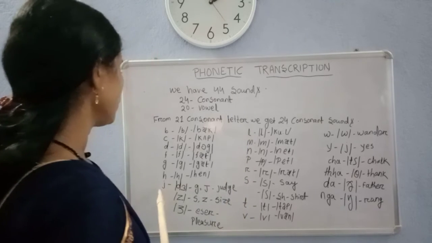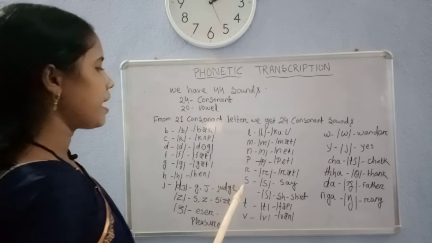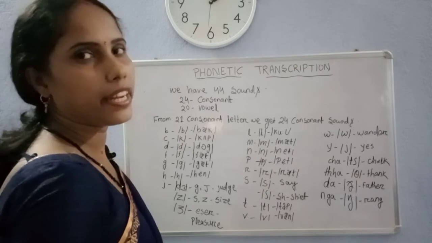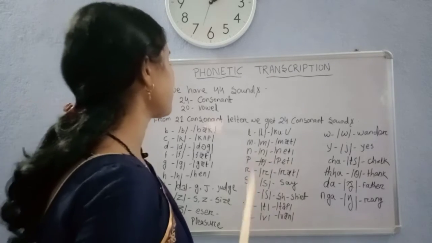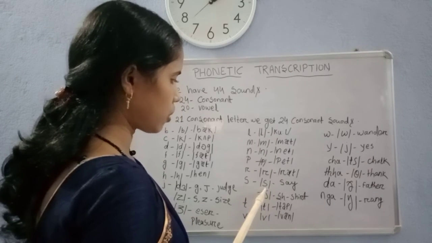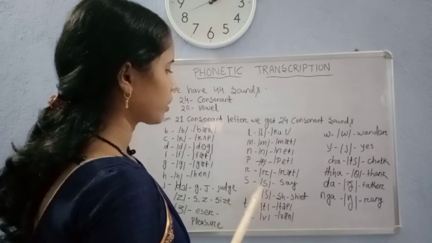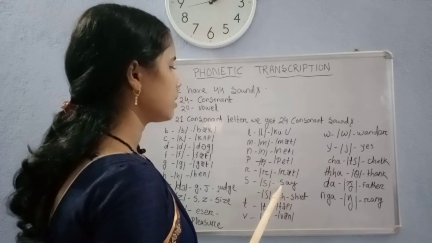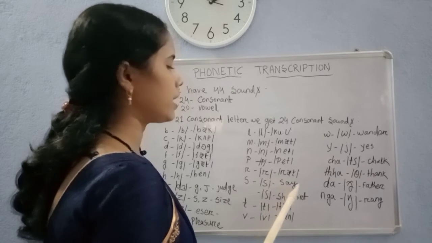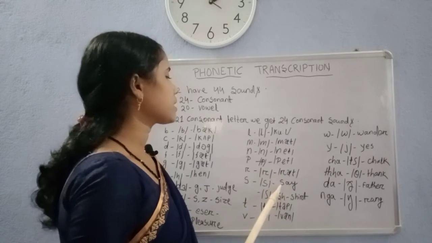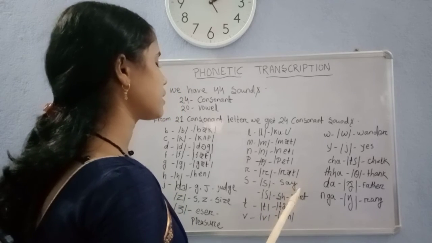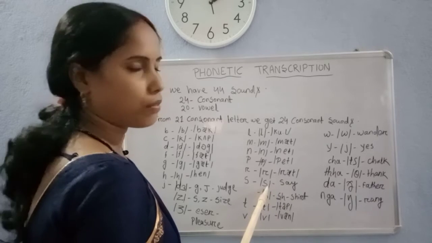But like the letter J, the letter S also has two phonetic transcriptions according to its spelling. See carefully. You will use the s sound when the pronunciation is s, as in the word say, written as S-A-Y. When you transcribe this word say, you will write this s sound.